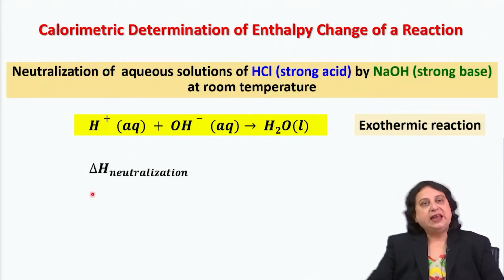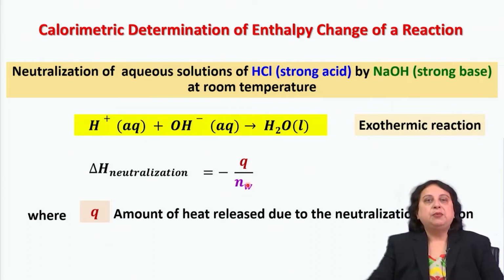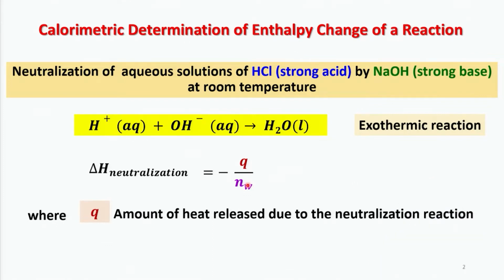So, here delta H neutralization would be defined as minus Q divided by N_W. Now, here Q is the amount of heat released due to the neutralization reaction, and since the heat is being released by my system where this neutralization reaction is taking place, I have added a negative sign just to make sure that I am adhering to the sign convention that I have introduced to you in this course.